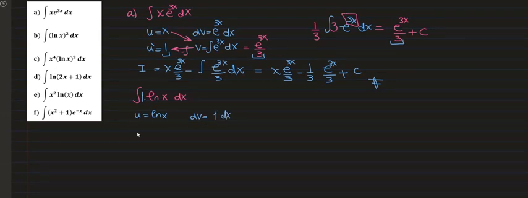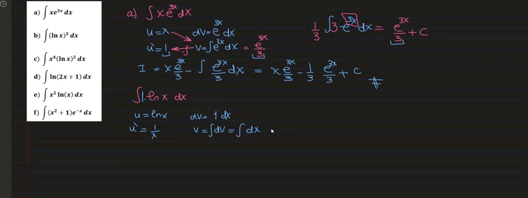Now in this column we differentiate, so we will get u dash, which is du by dx. The derivative of ln x, yes, is 1 over x. And the v here we integrate. In this column we integrate. So the v is going to be the integration of the dv. And this is going to be the integration of the dx, or the 1 times dx.